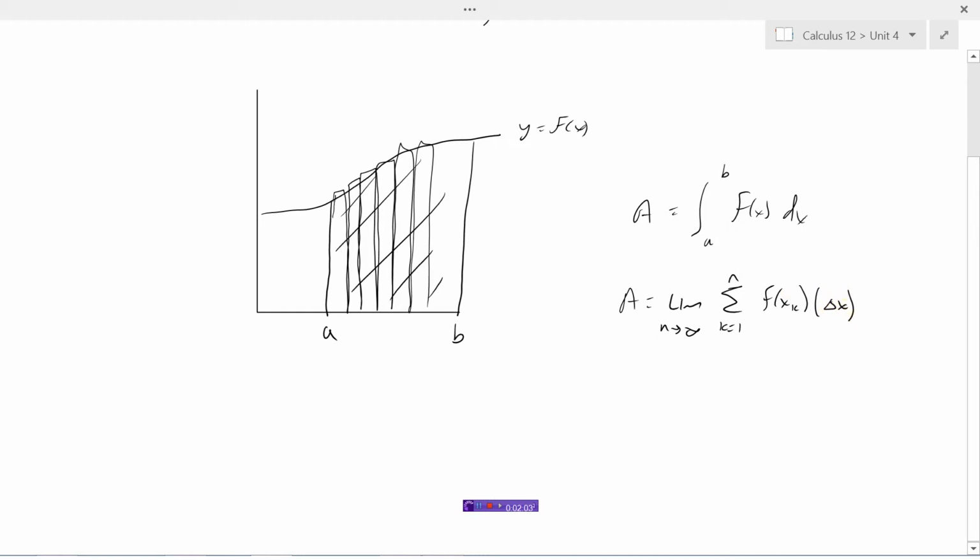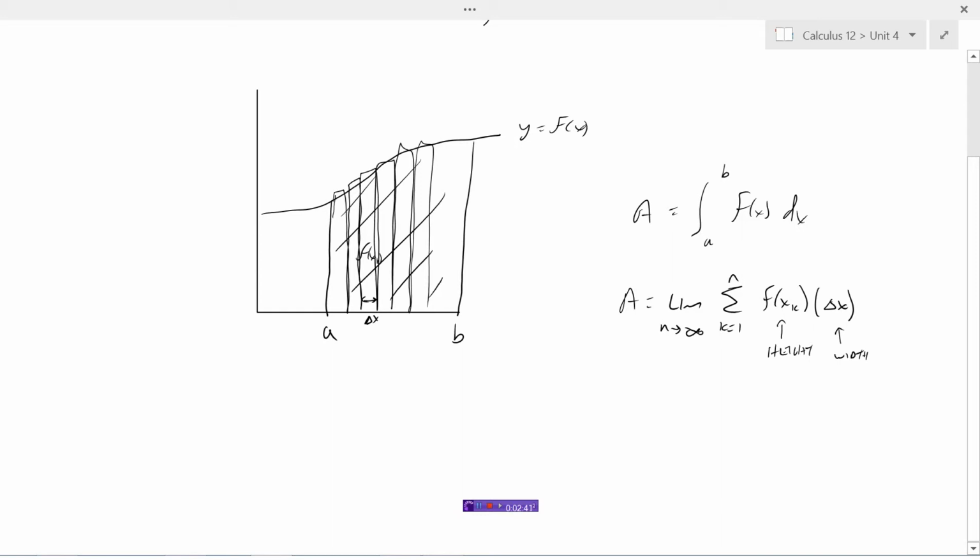So this was what we were looking at earlier on, adding up all these rectangles. f of x k would be the y value, or the height, and delta x was the little width between these things. So this was the height, and this was the width, and we added up all of these rectangles. So essentially area equaled height times width for each of these rectangles added up.